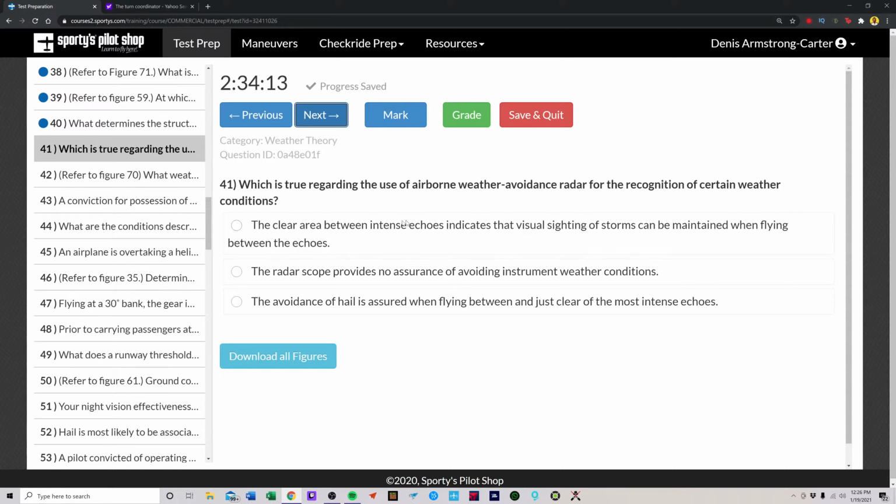Which is true regarding the use of airborne weather avoidance radar for the recognition of certain weather conditions? This is like on the Airbus, where you put WX on and it shows you the weather with different colors. So the clear area between intense echoes is not a safe sign to fly between them.